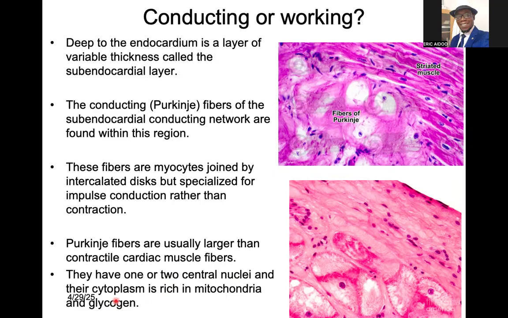The normal ones also have similar characteristics in this last point, but relatively, the Purkinje ones will have more of each of the points we have raised, in terms of mitochondria and glycogen, than the ordinary or contractile myocyte.